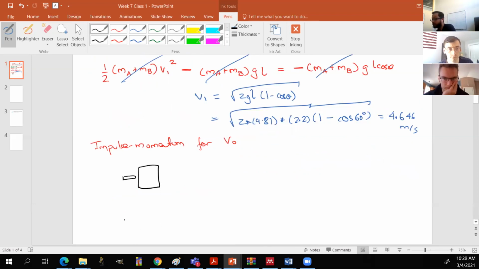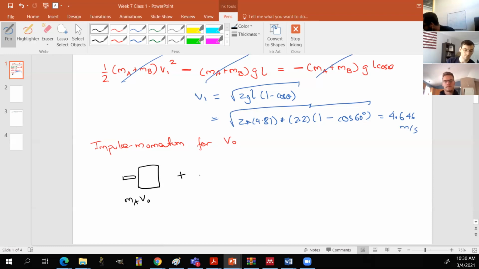Here, only the bullet is moving, so the only momentum before impact is going to equal MA times V0. Then you have the requisite impulse, which is just going to be 0, because there's no actual physical force.